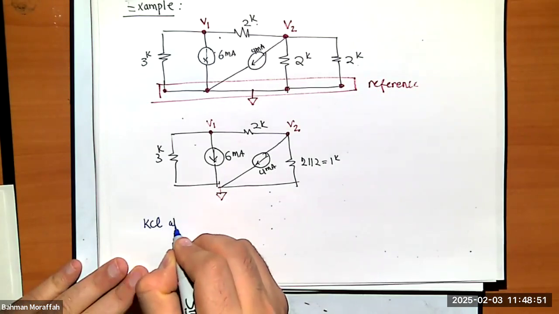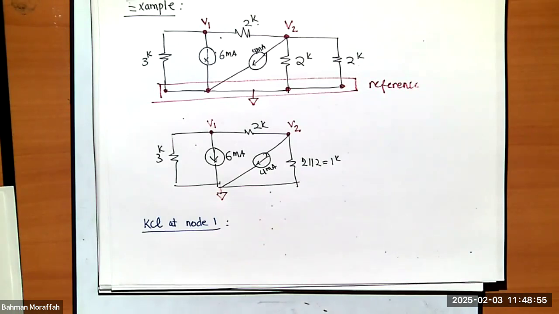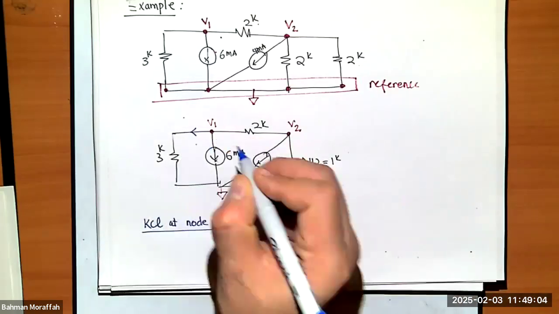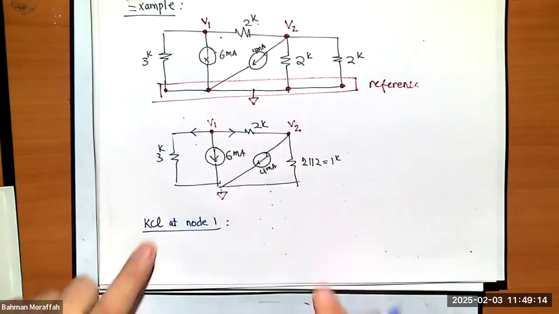KCL at node 1. Again, I'm going to assign some current to it, whatever I want. Again, I'm going to assume everything is going out, right? KCL tells me whatever current that goes in should be coming out. What do I have?